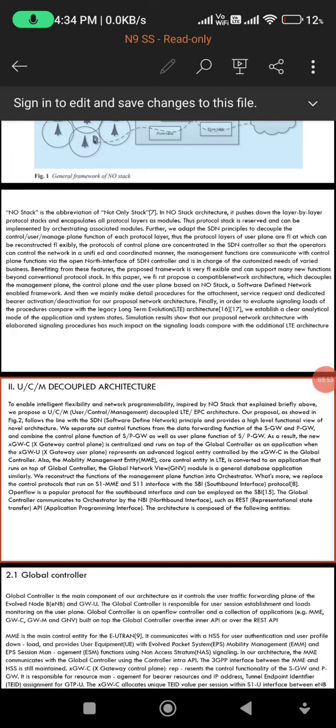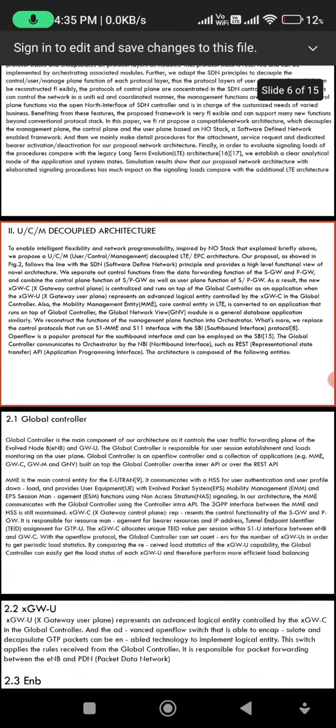Finally, in order to evaluate signaling loads of the procedures compared with the legacy Long Term Evolution architecture, we establish a clear analytical model of the application and system states. Simulation results show that our proposed network architecture with elaborated signaling procedures has much impact on the signaling loads compared with the traditional LTE architecture and the U, C, M decoupled architecture.